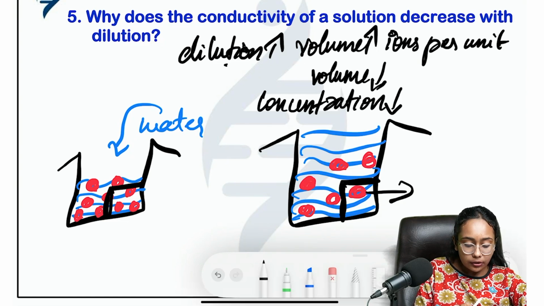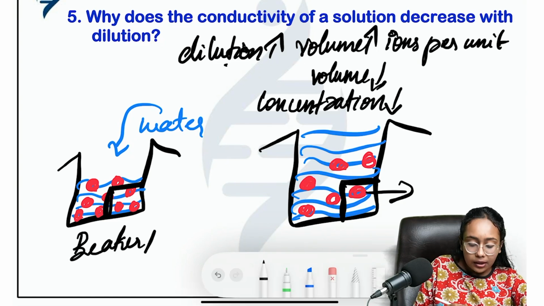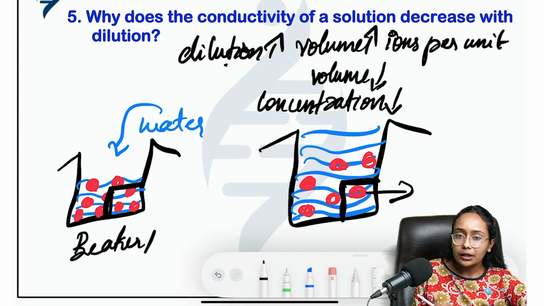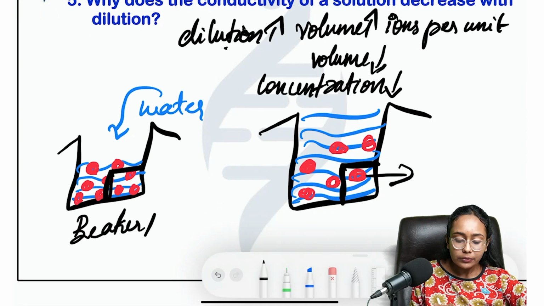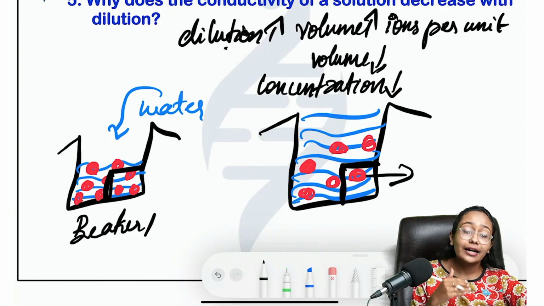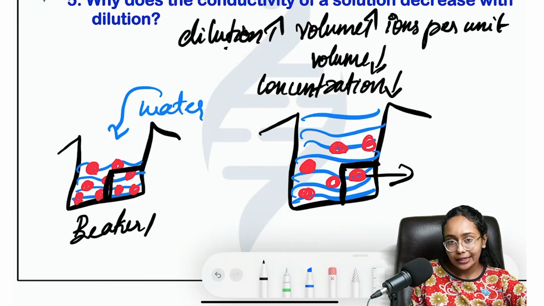So when I see the concentration in beaker 1, the concentration is very high, as I can see more solute particles in a given amount of solvent. But when I look into beaker 2, as the solvent amount is very high since I diluted it more, the solute particles seen in a particular amount of solvent are very few.